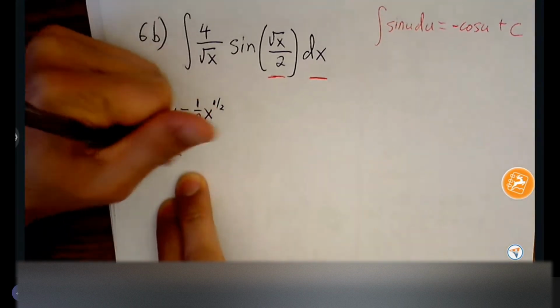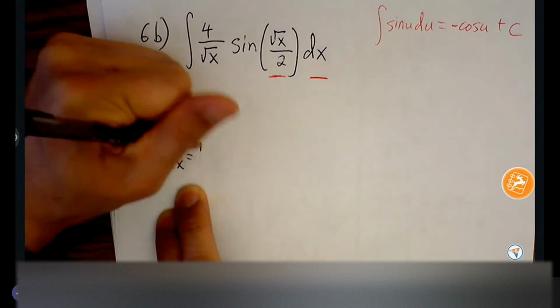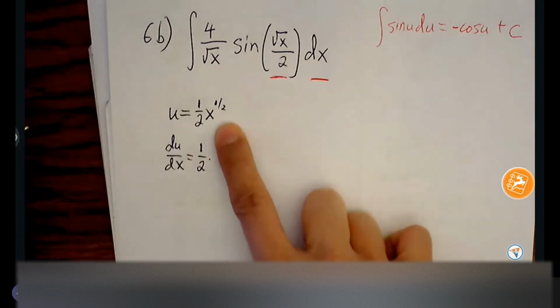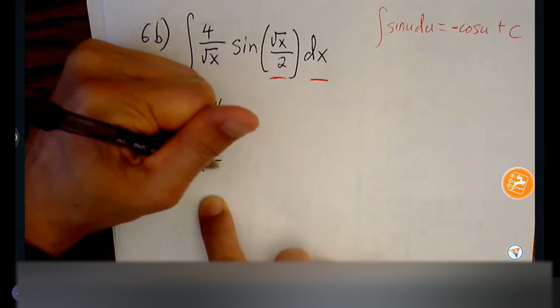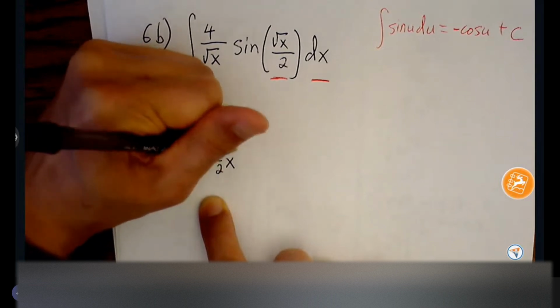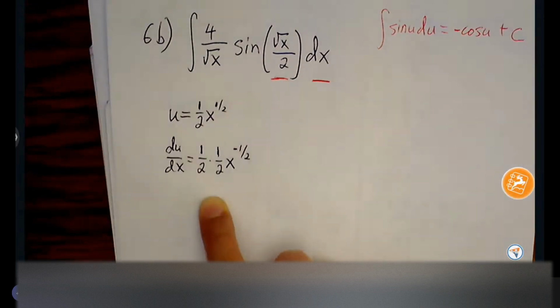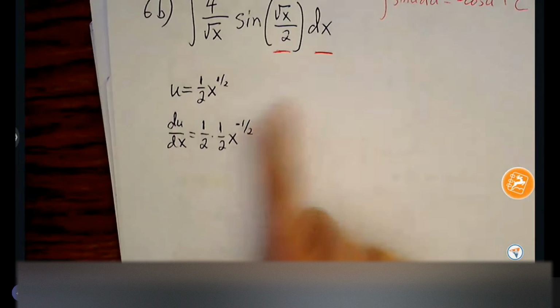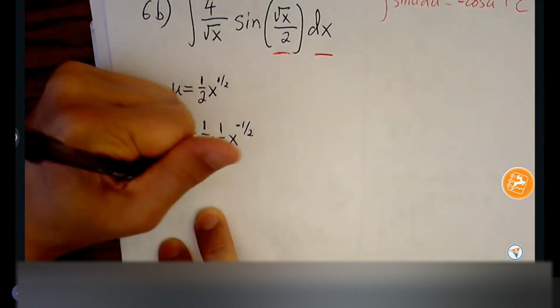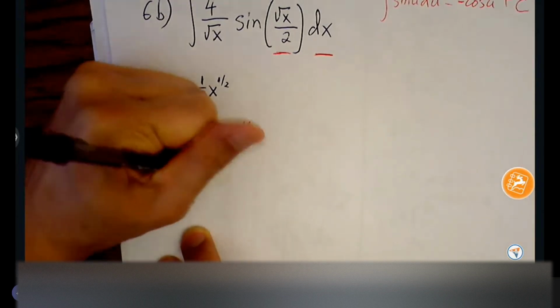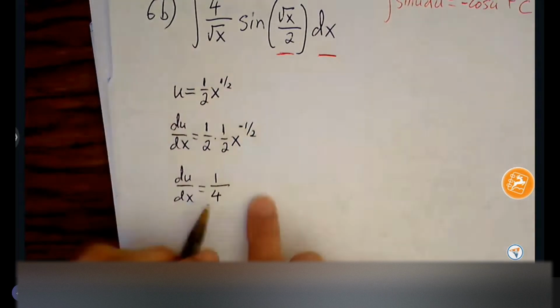All right, du dx. Keep the 1/2. Derivative. Clean this up. Try to get dx by itself. 1/4.